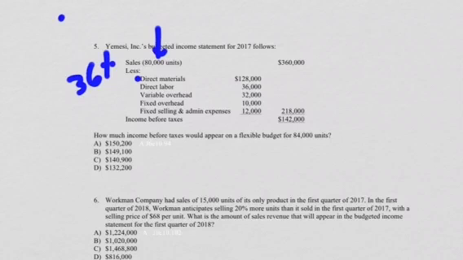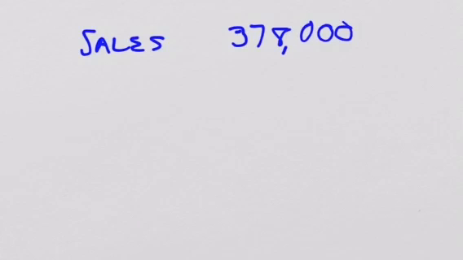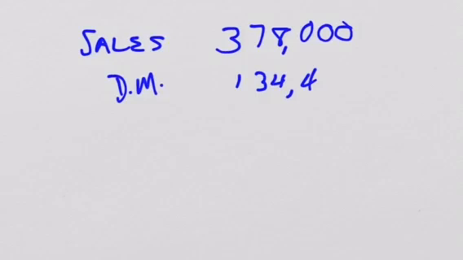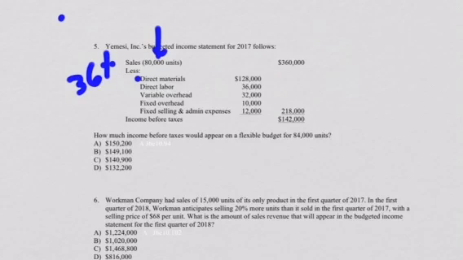So of the sales price in our new projection, 36% is going to be direct materials. 36% of 378, that's what we found, is 136.08. Of course, that'll be a subtraction. All right, so what am I doing? I'm equating variable costs to the sales. Direct materials is a variable cost at 36%.